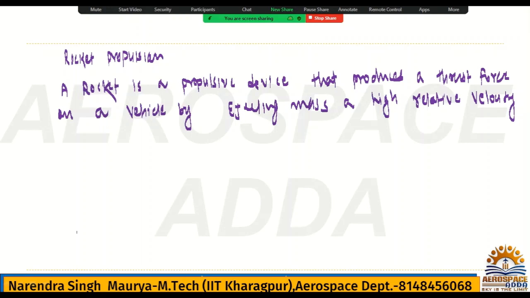But in the case of the rocket engine, performance does not depend on altitude or flight speed. An air breathing engine cannot operate beyond supersonic speed. Let us say for a turbojet, beyond Mach number 5 the performance decreases. So in simple words, an air breathing engine cannot operate beyond approximately Mach 5, but a rocket engine can operate from 0 up to Mach 25.